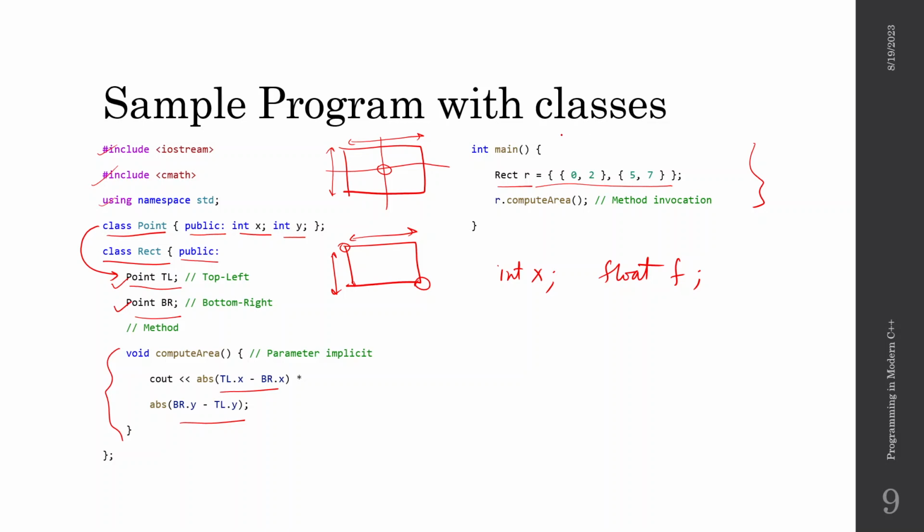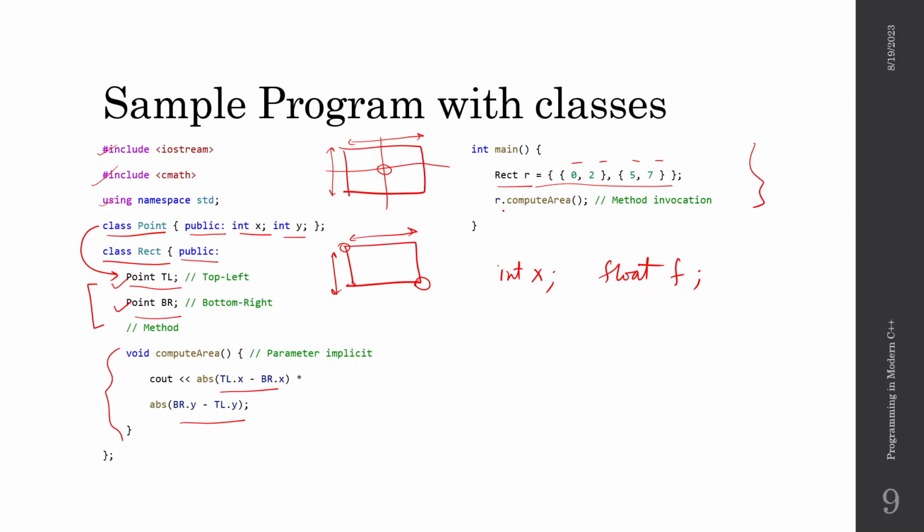Then in curly braces we are assigning values to each of them. This will be assigned as it is defined in the program. So this 0 2 will go to the top left point and 5 7 will go to the bottom right.